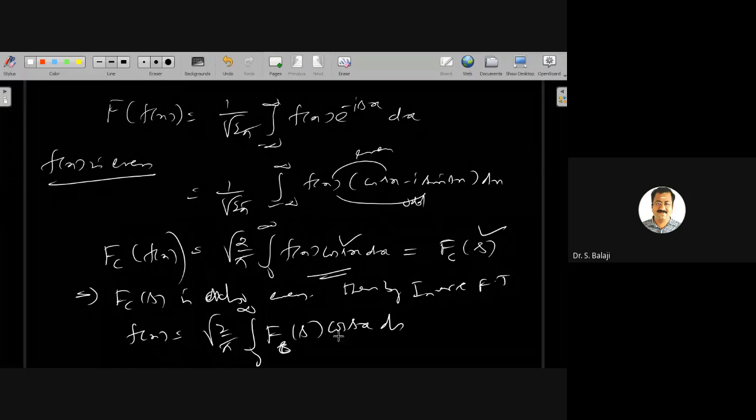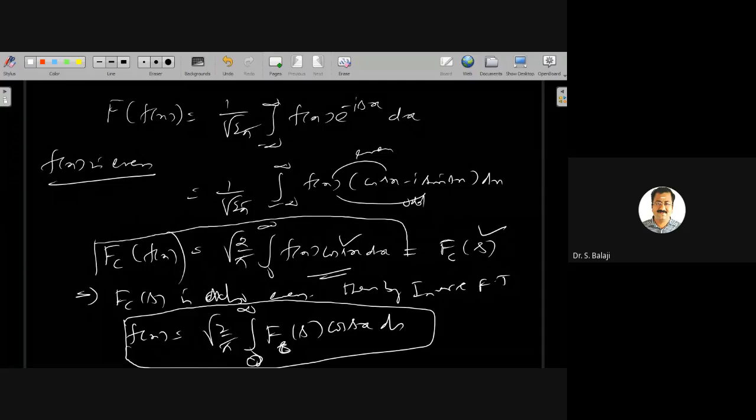So this is called the inverse Fourier cosine transform, and this is called the Fourier cosine transform definition. This is the Fourier cosine transform, and this is the inverse Fourier cosine transform. They came from the Fourier transform definition.